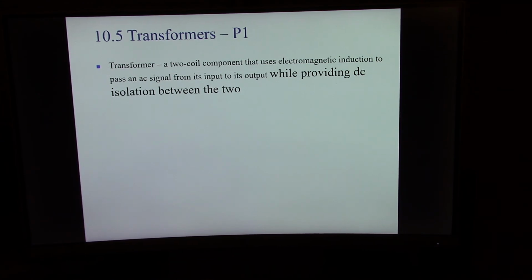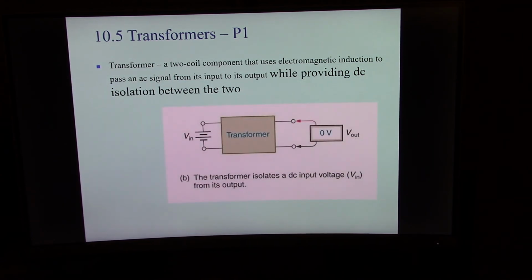So a transformer is two coils placed next to each other, and they have isolation. Another thing this transformer does is it isolates the input from the output.